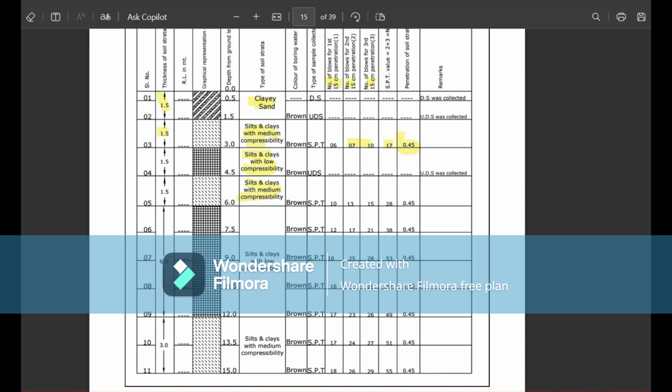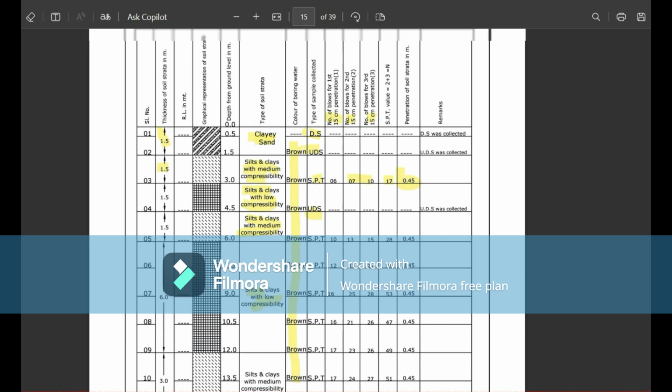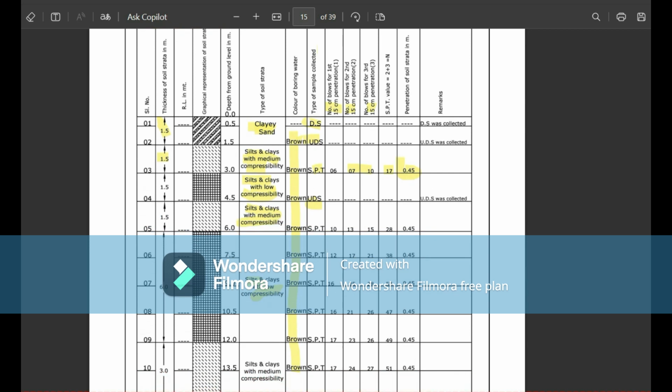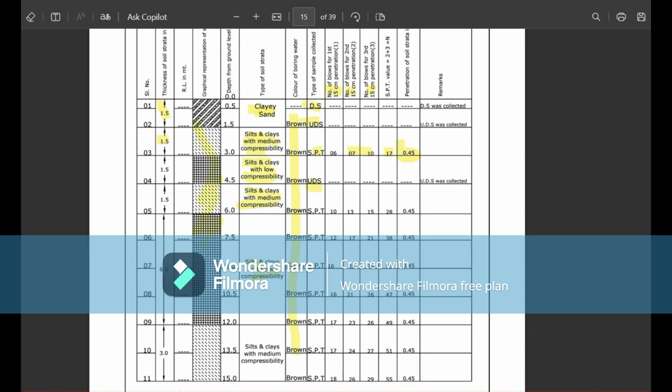Then again from 6 to 12 meter, silt clay with low compressibility, and the color of the soil is brown. The soil sampling criteria provided disturbed soil, undisturbed soil, SPT value only, then undisturbed soil, then again SPT value. So they identify every different type of soil with different types of scale.